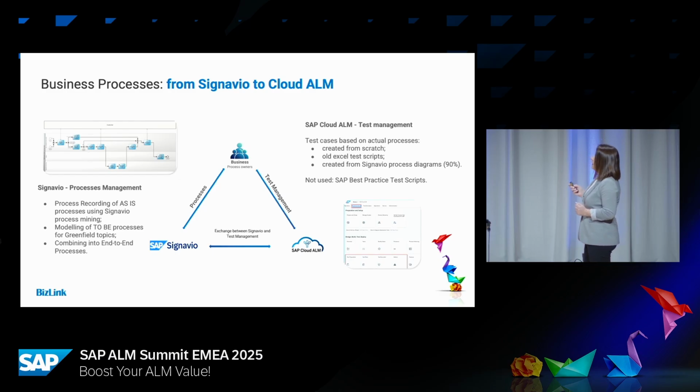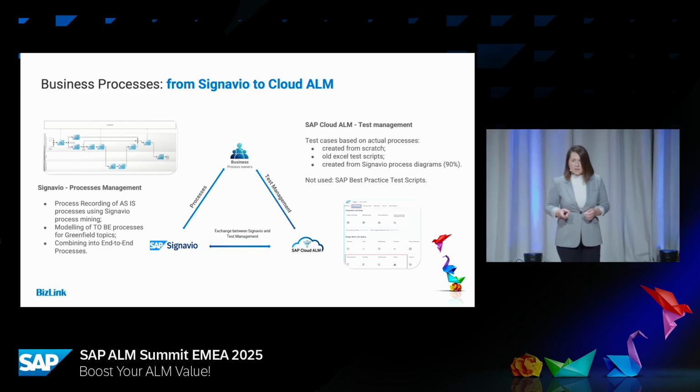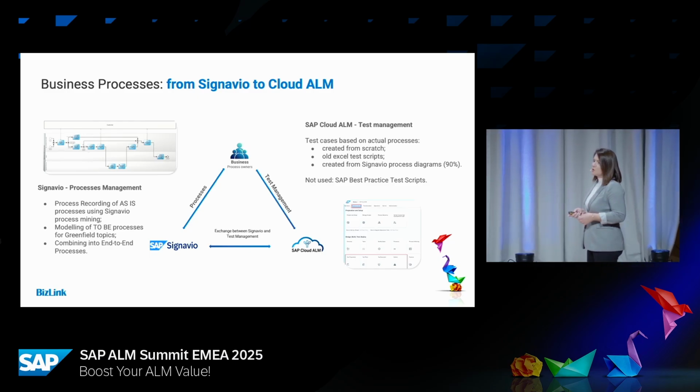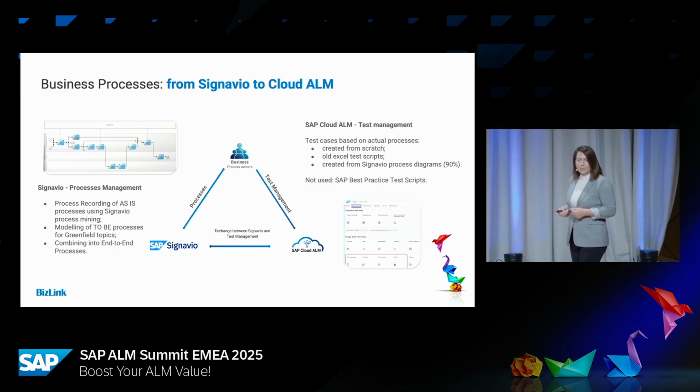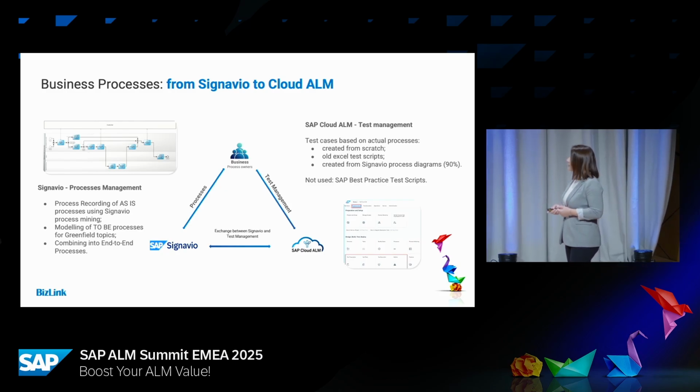What we had to account for, coming back to the question, how do you make your test cases relevant, is especially in a project that lasts for more than 1 year, things change, requirements change, to-be processes undergo some changes.